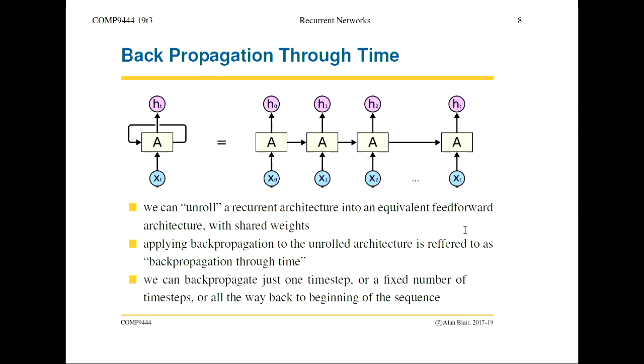If we unroll this, we get a feed-forward network which will have the same behavior, but we have to know in advance how many inputs there are. So if we know that there are 4 inputs, then this architecture would behave exactly the same way as if it was like this, where each input is being fed in at one time step, and the activations from the previous hidden layer are feeding in here.